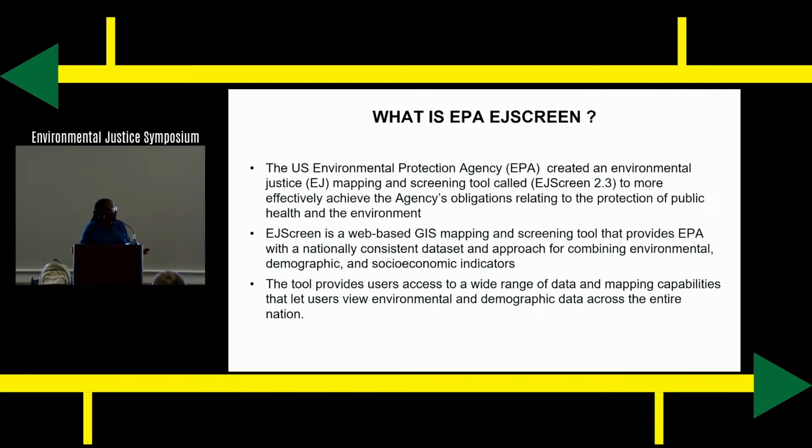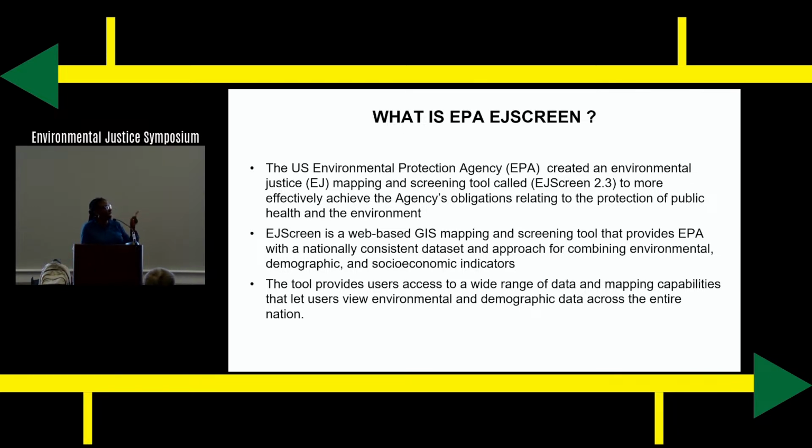And the tool also provides users access to a wide range of data. Some data, you may not have access to, you may not know where to find the data. So with the tool, you see the data, and the sources of those data are always in the landing page for those agencies. So when you go to the page, they tell you where they source the data from. You can also go there and look at the data.